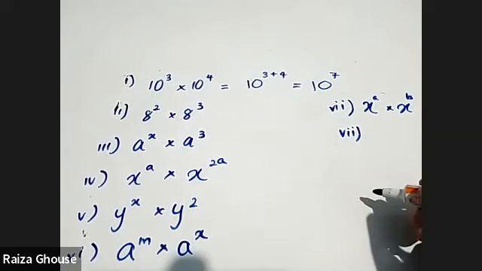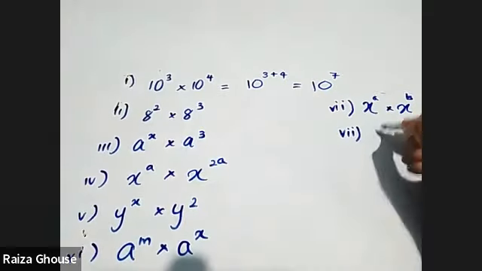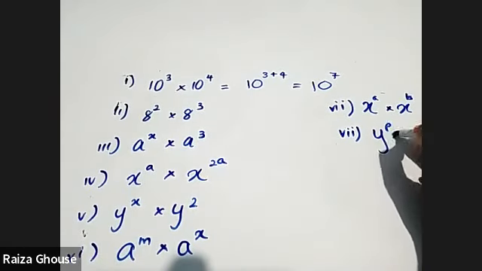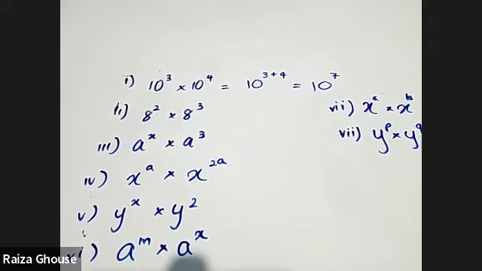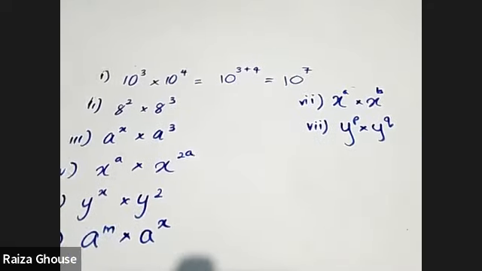Third one is a to the power x into a to the power 3. If you can't see anything, ask me.